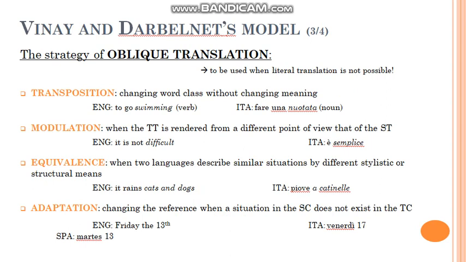Modulation is when the TT is rendered from a different point of view than the source text: in English, it is not difficult; in Italian, it's simple. Equivalence is when two languages describe similar situations by different stylistic or structural means: in English, it rains cats and dogs, and in Italian, piove a catinelle. Adaptation is changing the reference when a situation in the ST does not exist in the TC: in English, Friday the 13th; in Italian, Friday the 17th; in Spanish, Tuesday the 13th.